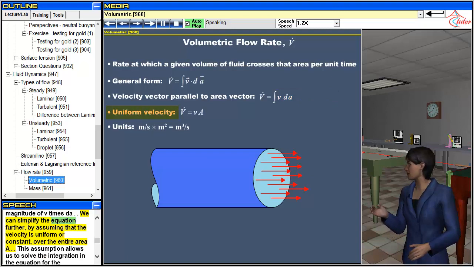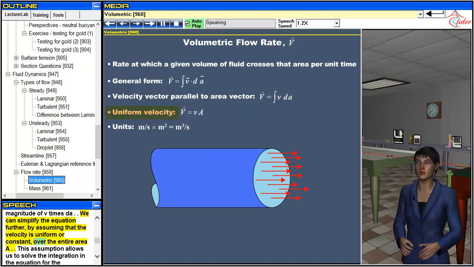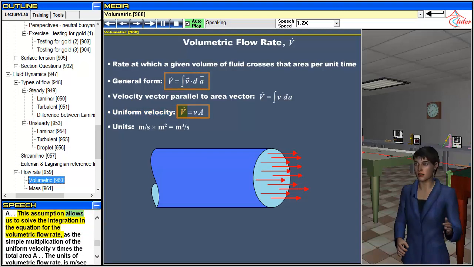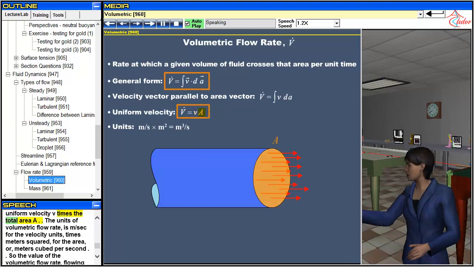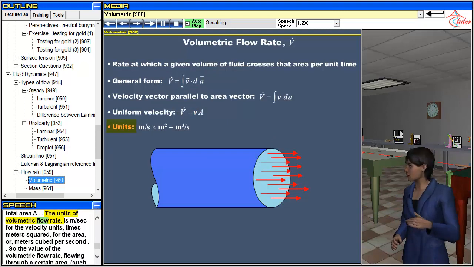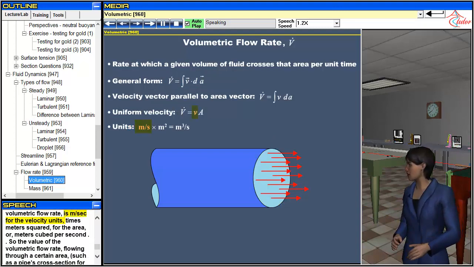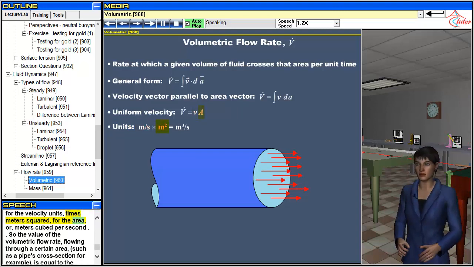We can simplify the equation further by assuming that the velocity is uniform or constant over the entire area A. This assumption allows us to solve the integration in the equation for the volumetric flow rate as the simple multiplication of the uniform velocity v times the total area A. The units of volumetric flow rate are meters per second for the velocity units, times meters squared for the area, or meters cubed per second.